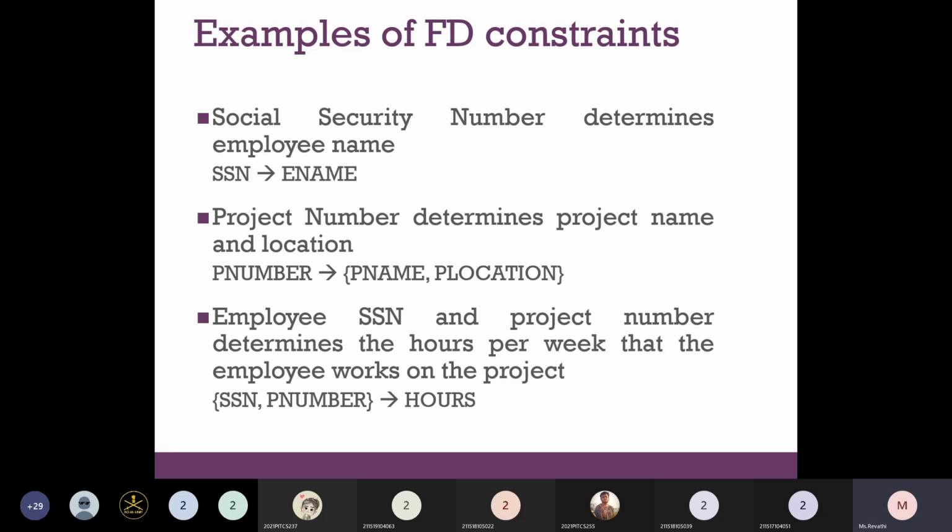So here come the examples. Consider a company scenario. In a company, there will be an employee relation, a project relation, and a department relation. These are the many relations which constitute a company scenario.